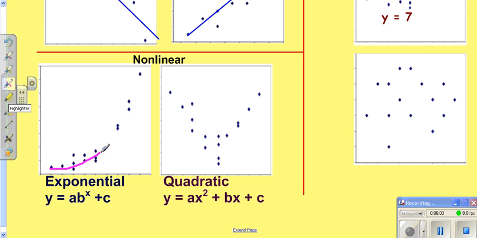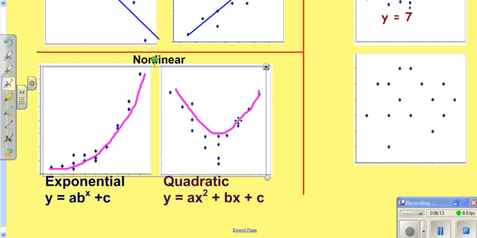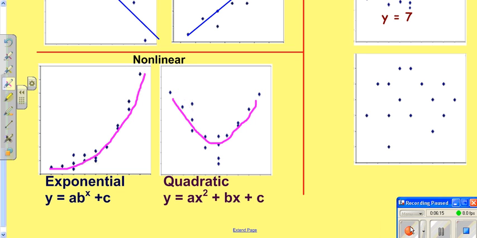Now, as we look over here, here we have kind of a curve going up. And here we kind of have almost a horseshoe. I didn't do a real good job of drawing that. So we would say this first one and the second one are both curved. They're not linear. Technically, the first one is exponential, given to you in this form.